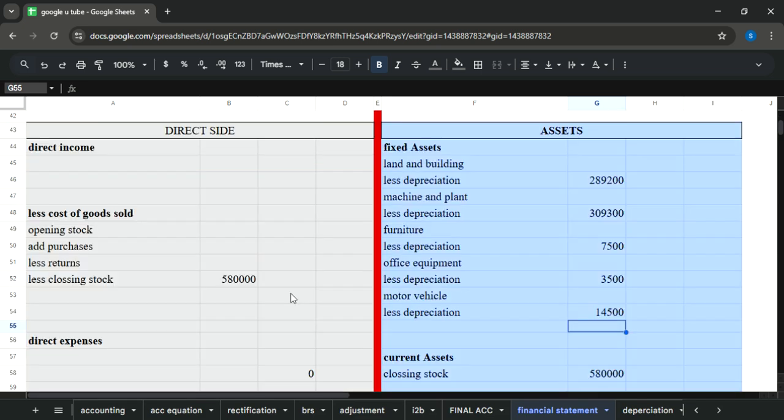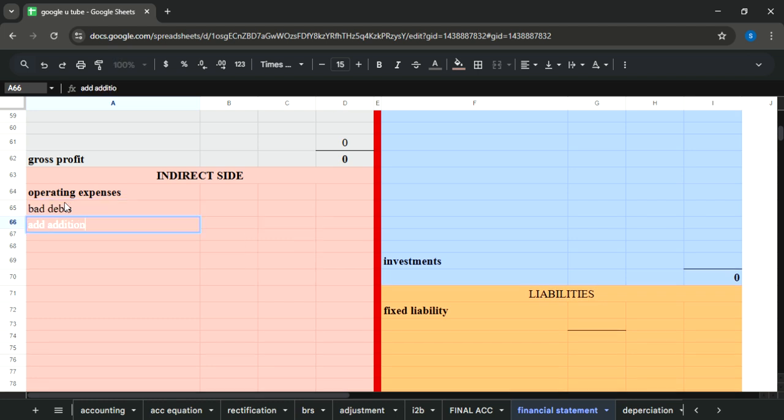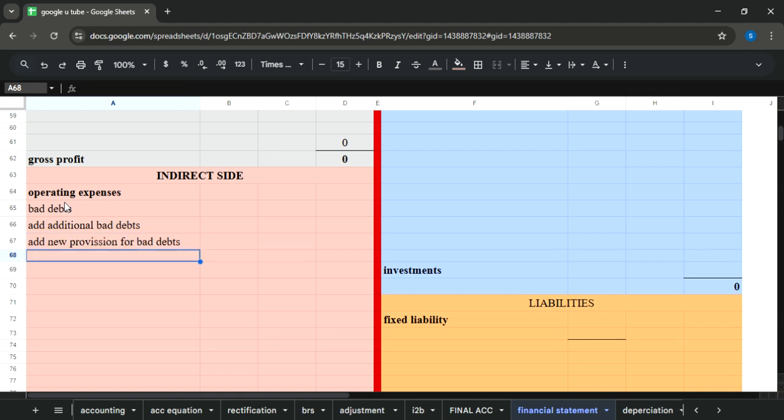Now next, number 4, debts due to the company are all unsecured, and rupees 2,000 are bad and to be written off. So over to operating expenses, there we will see if bad debts are present. We will add additional bad debts, we will add new provision for bad debts, we will subtract old provision for bad debts.